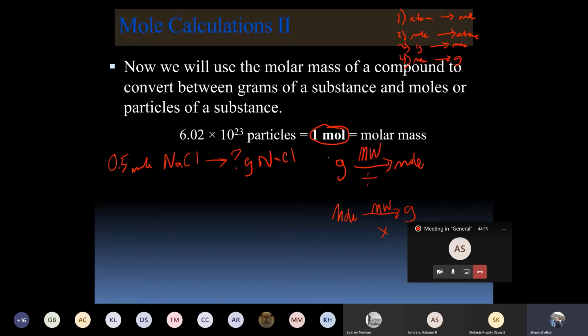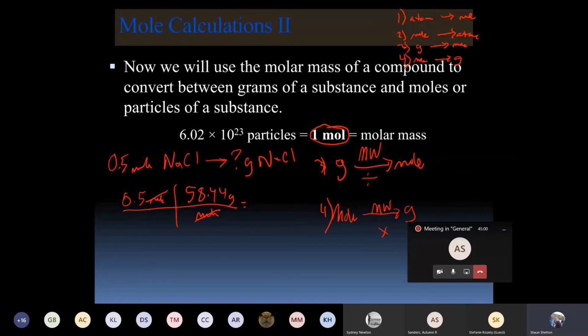So in that roadmap 4, I need to figure out the molar mass of sodium chloride. So I'm going to take 0.5 moles and multiply by the molar mass. What was the molar mass of NaCl again? 58.44. So I'm going to multiply by 58.44 grams per mole. Now the moles cancel out here because they're dividing into each other.